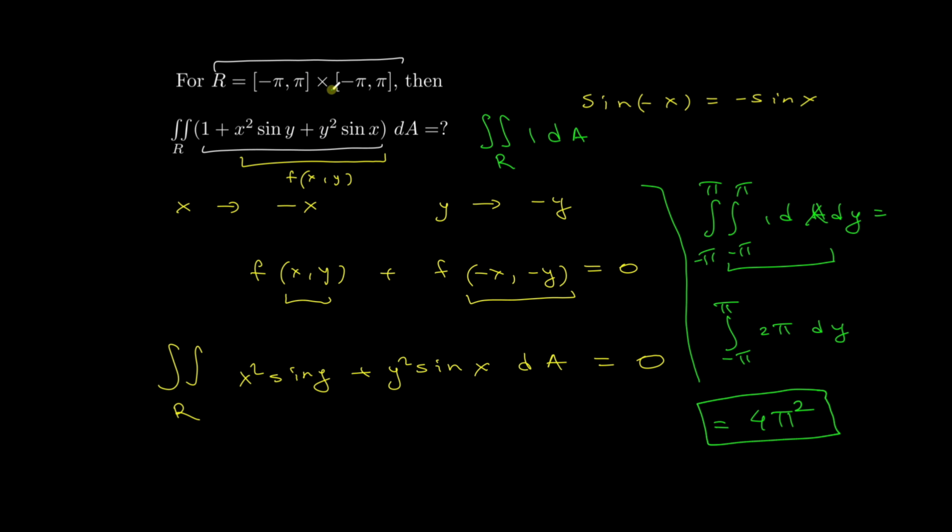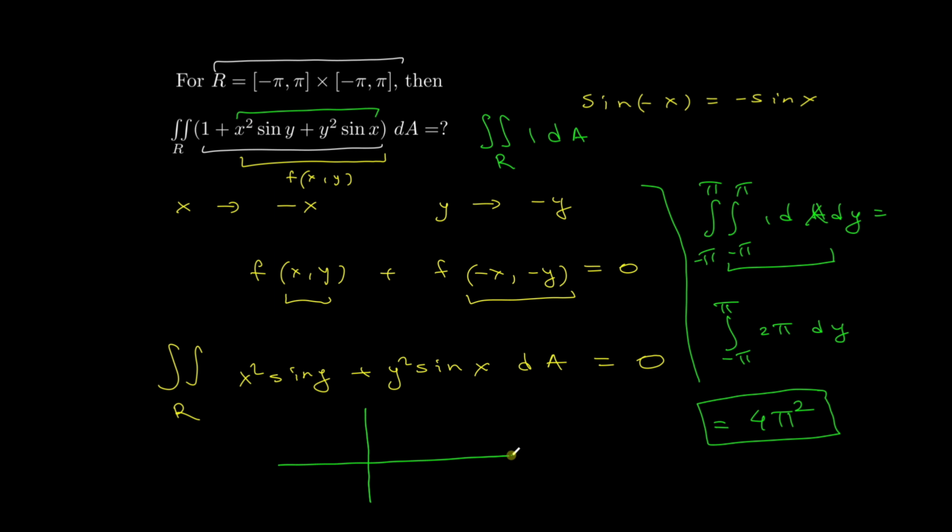So the idea of symmetry allows us not to integrate this part of the equation because it will vanish anyway. So if you make a correspondence to single integrals, it is something like this.